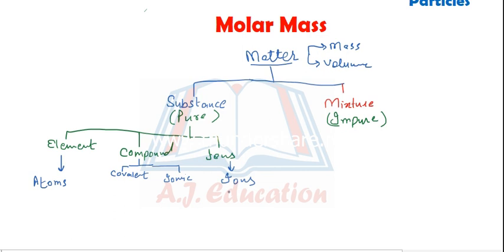That is, ions contain ions, as an element contains atoms. The covalent compound contains molecules. That is, the covalent compound is made up of molecules. Similarly, the ionic compound is made up of not molecules but formula units.